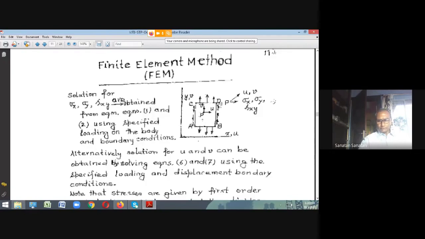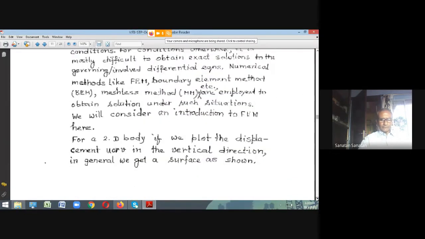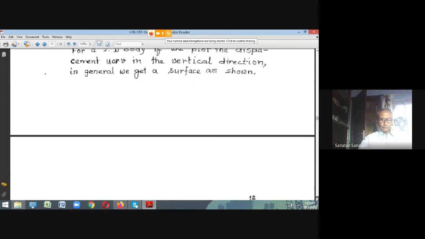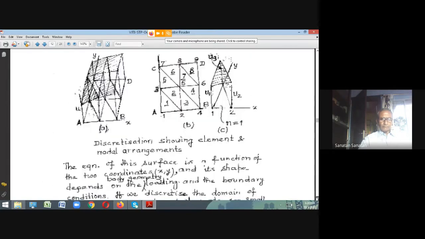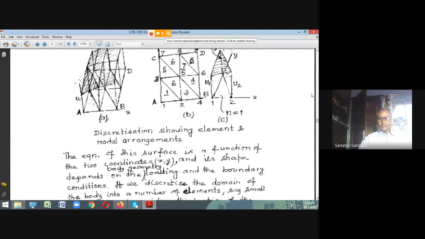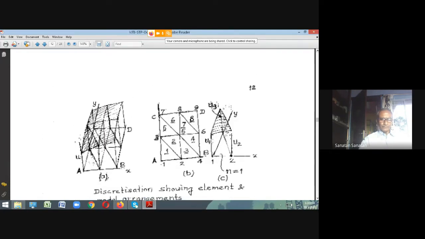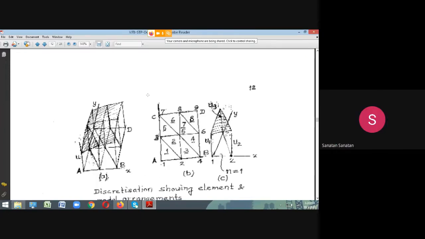So if we now try to look into the deformation of a rectangular plate of this type, suppose this is the body, that is the plate which we were showing as ABCD. So this is the plate, and you see the central figure. That's the plate which is ABCD.